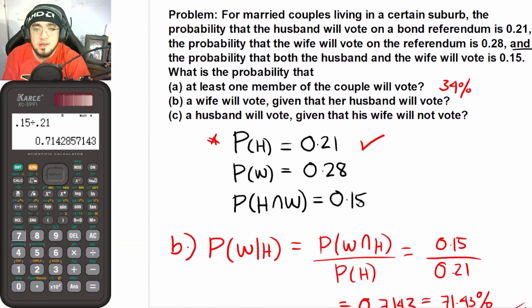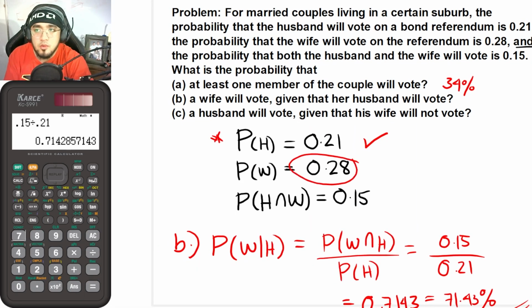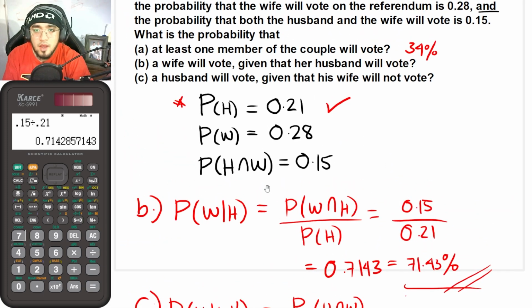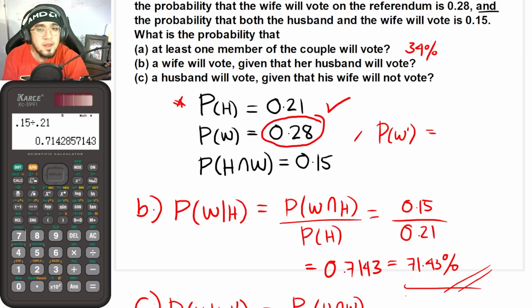Since our value of 0.28 is for the wife signing, we are getting the opposite. If you look at our data, we do not have P of W prime, the complement. However, if this is 28%, the remaining part will be its complement.